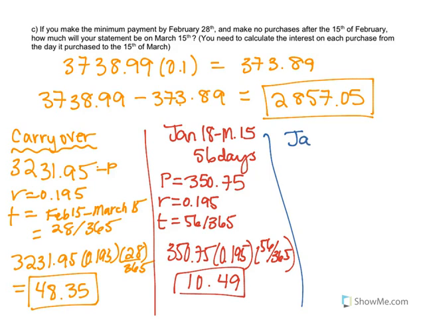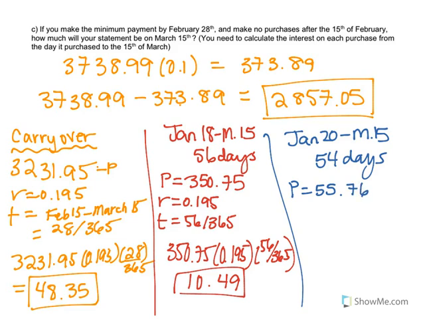Now we're going to do the next one. The next one was a purchase on January 20th. So we're going January 20th to March 15th, which is going to be 54 days. And that purchase was for $55.76. So the rate stays the same, and now the term is 54 out of 365.